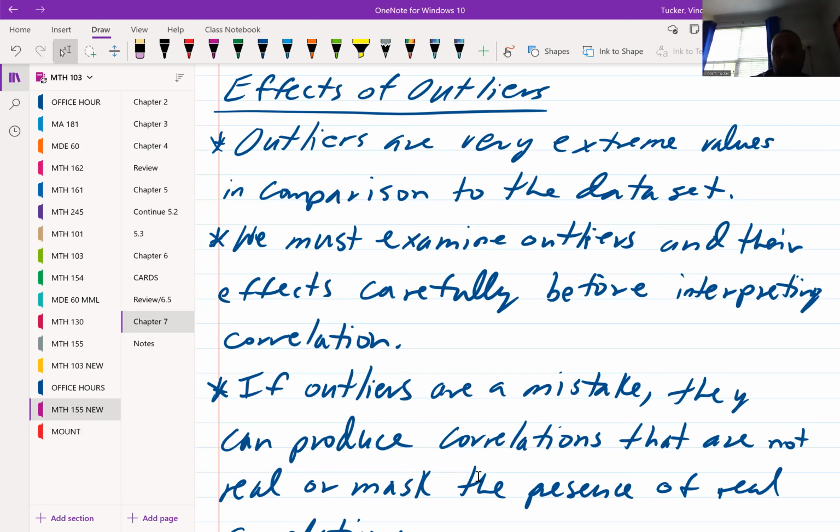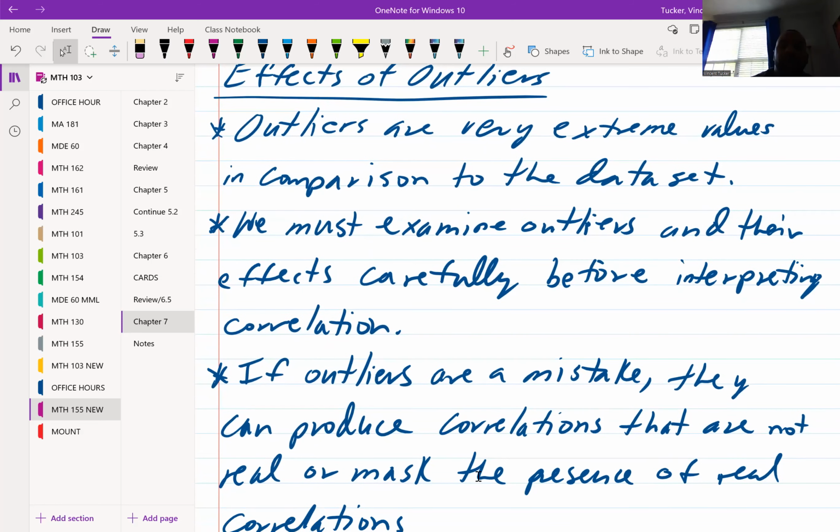If outliers are a mistake, they can produce correlations that are not real or mask the presence of real correlations.